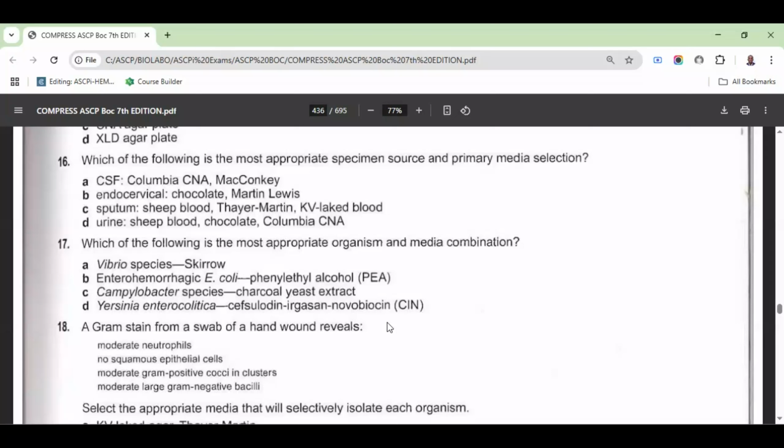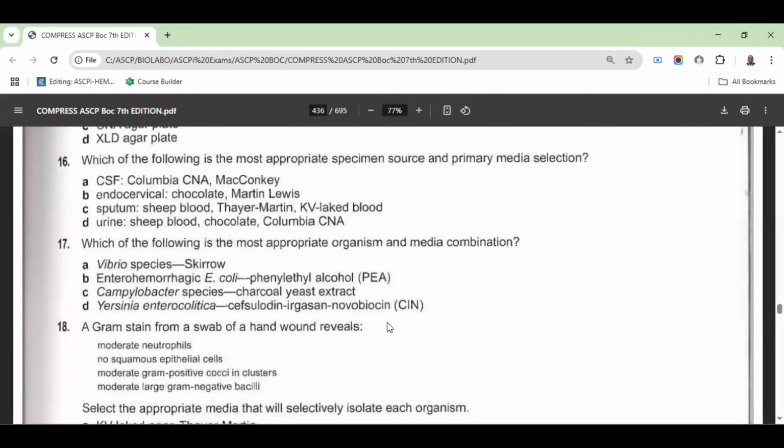But for CSF, of course, we explained we can't use CNA and MacConkey, because CNA is used for what I explained, and MacConkey agar is only used for gram-negatives, mostly Enterobacteriaceae, and we don't suspect any Enterobacteriaceae causing meningitis.